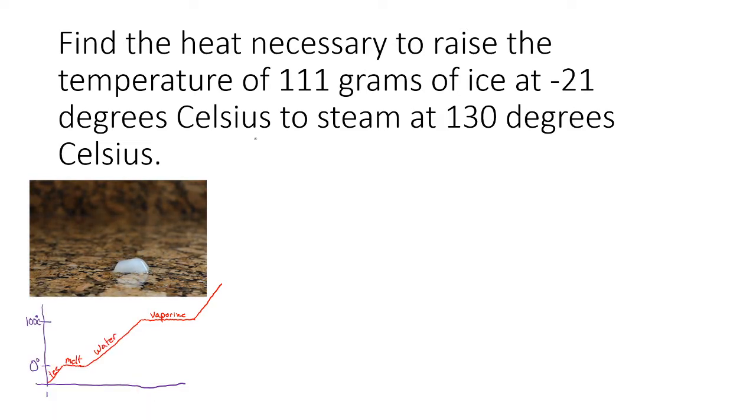So there's a few things that we want to do. The first is we want to change the ice from negative 21 degrees to 0 degrees. And then we want to melt, and that's going to be done by the process of heat of fusion. And then we're going to change the water from 0 degrees Celsius to its other fiducial point of 100 degrees Celsius.